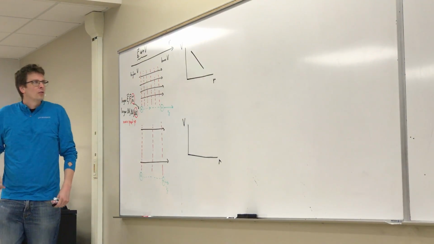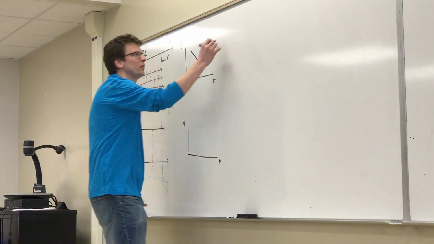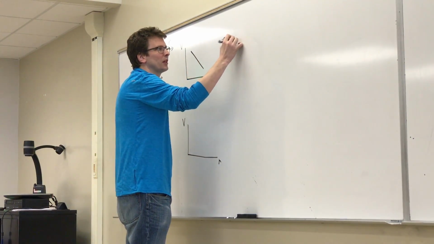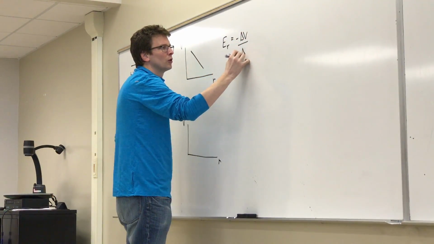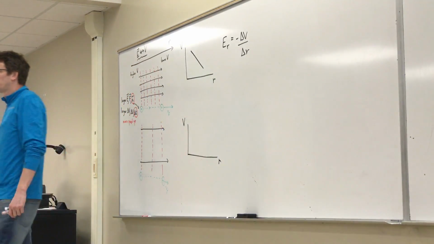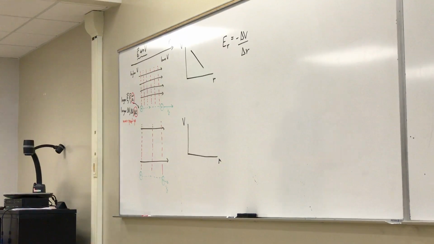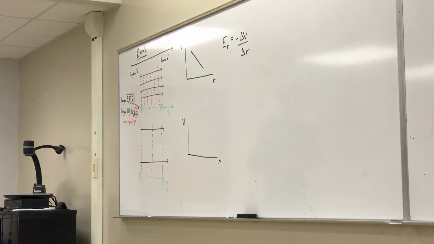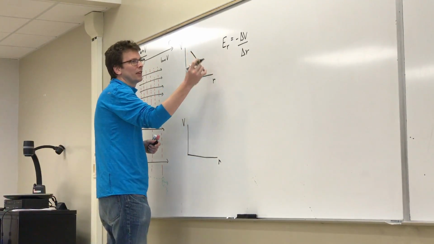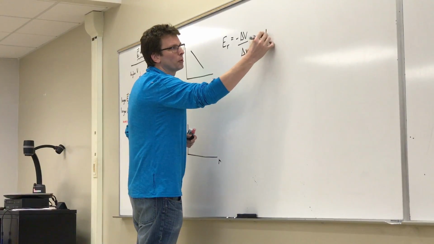Okay? So remember, and this is something that hopefully the electric field mapping lab from last week kind of gave you a little bit of a preliminary sense on, that the electric field can be obtained by the rate of change of the voltage. And on this graph, it's actually the negative of the slope.